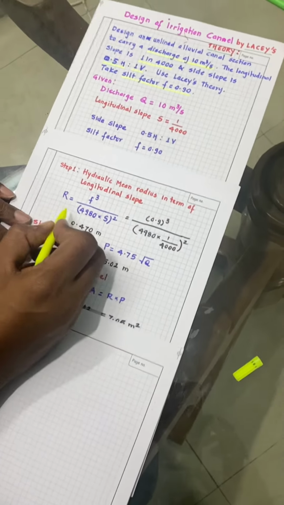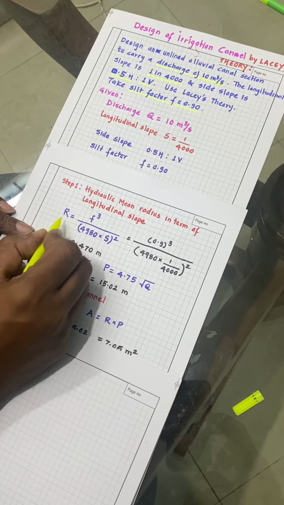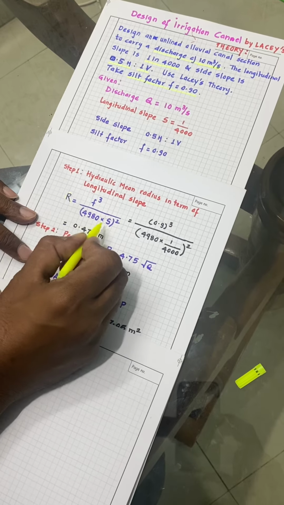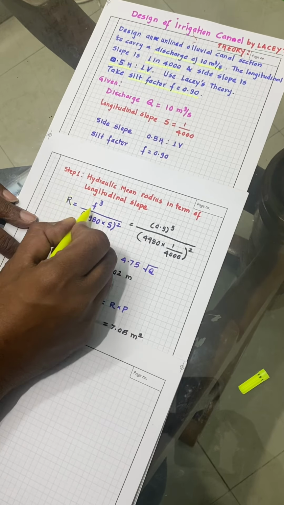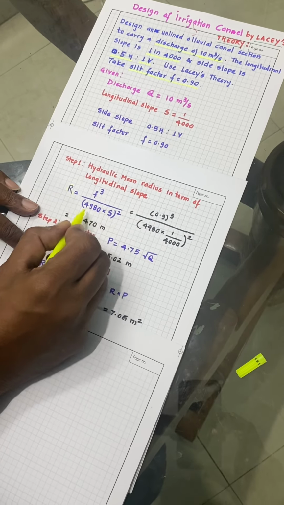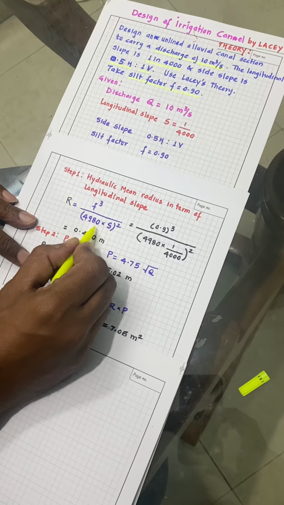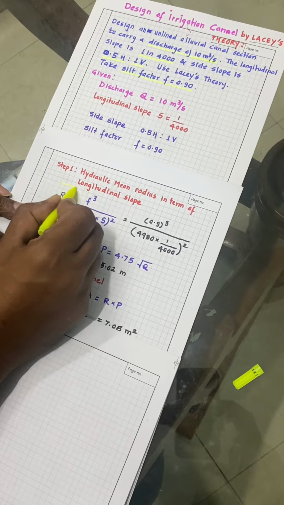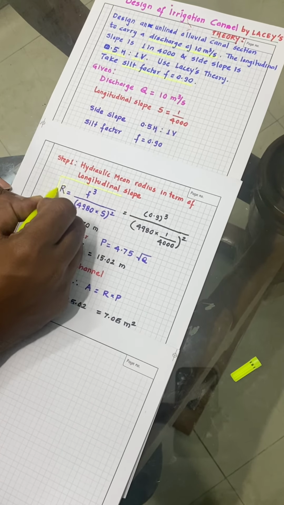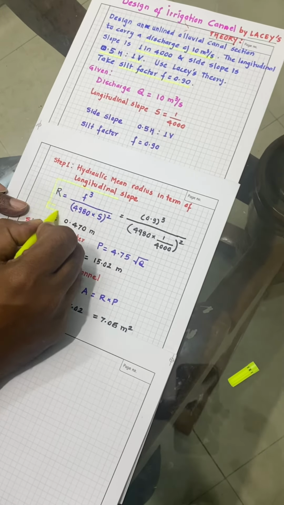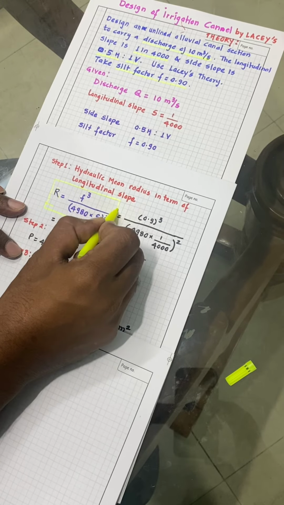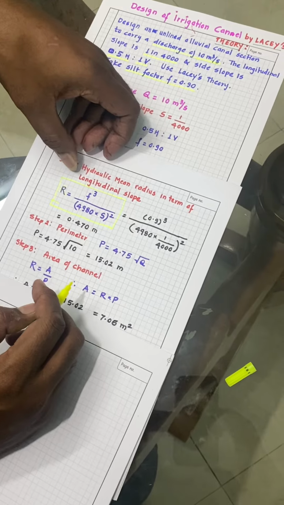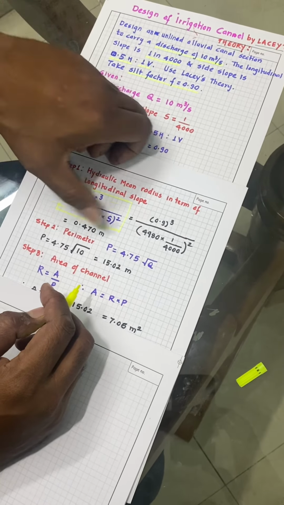So the formula for the mean radius of gyration R, in terms of longitudinal slope, is R is equal to F cube upon 4980 into S, its whole square. This is a standard formula which you have to use for longitudinal slope. When longitudinal slope is given, you can find out the hydraulic mean radius by using this formula.